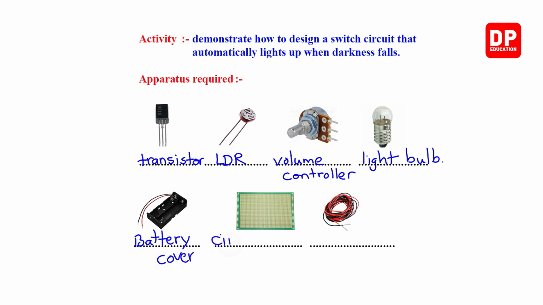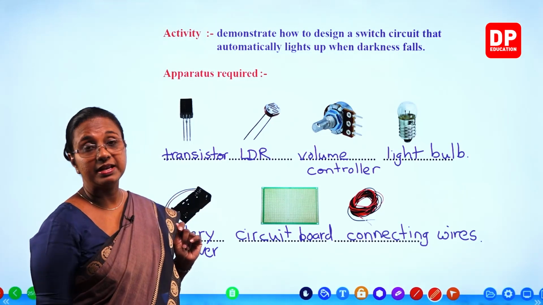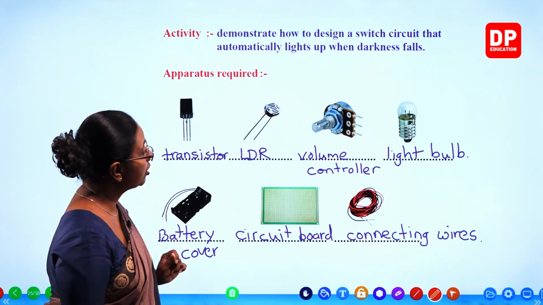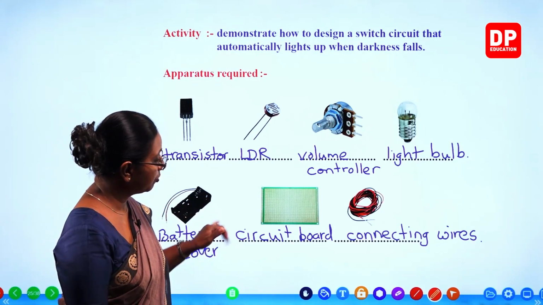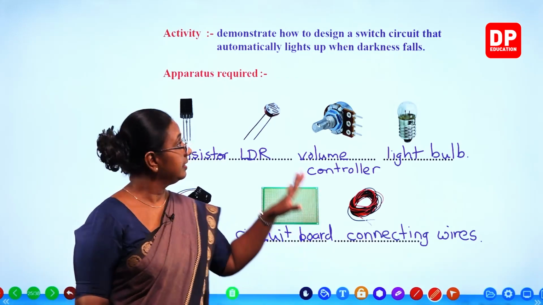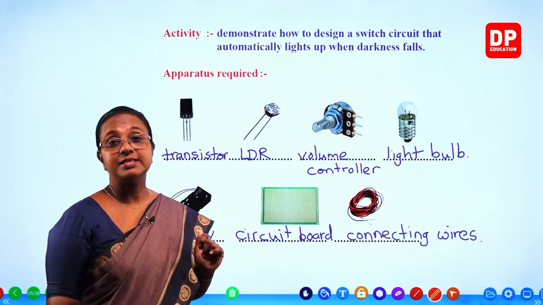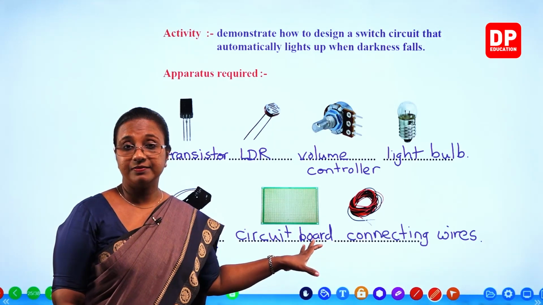We need a circuit board and connecting wires. So, the transistor, light dependent resistor LDR, volume controller, the light bulb, battery cover, circuit board and connecting wires. These are the apparatus that are needed to do this activity.